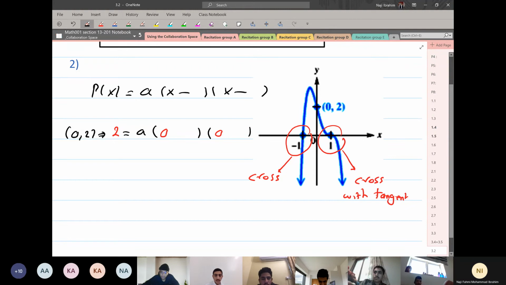No, negative 1 and 1. So what should I write in the brackets? Negative 1 and 1. Write the brackets, read the whole thing. What should you write? a multiplied by what?